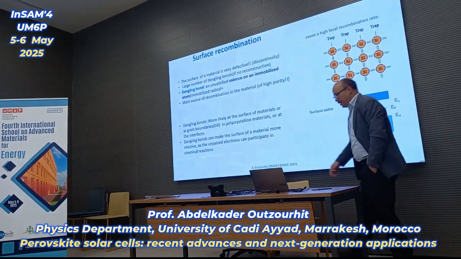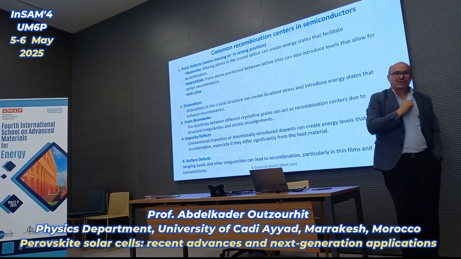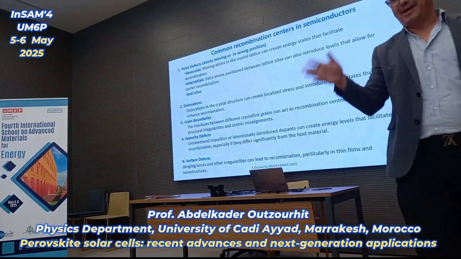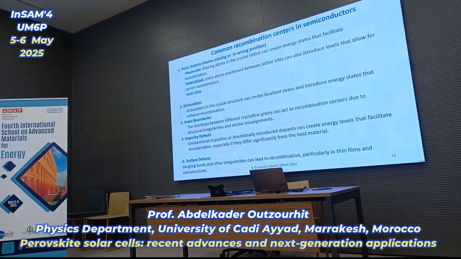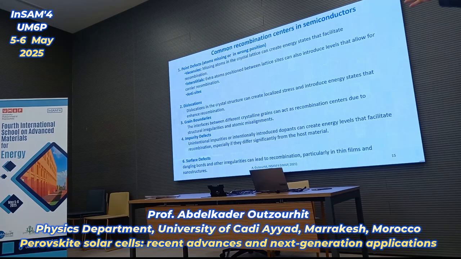Okay, so now let's see what are the most common recombination centers. We can have what we call point defects. You know, point defects, vacancies, and interstitials or anti-sites. I hope you know anti-sites. I mean, those are either missing atoms if you have a vacancy, or atoms in wrong positions.